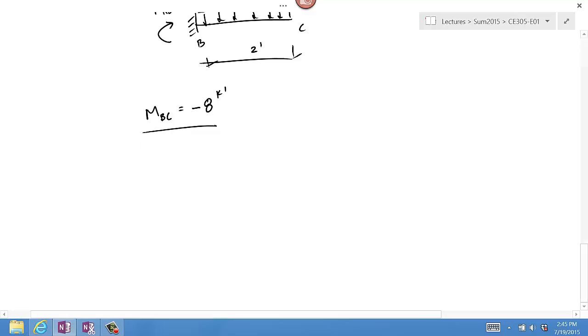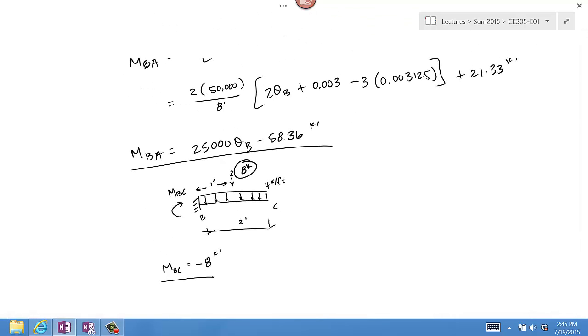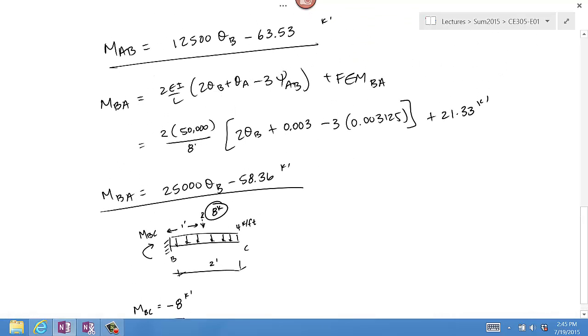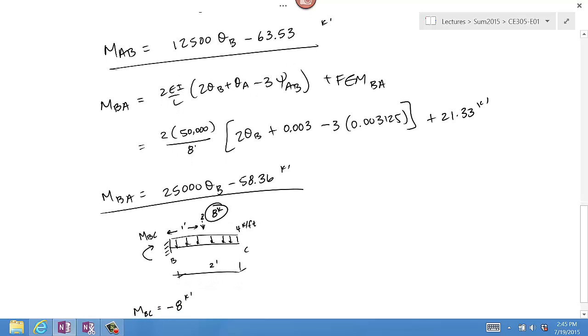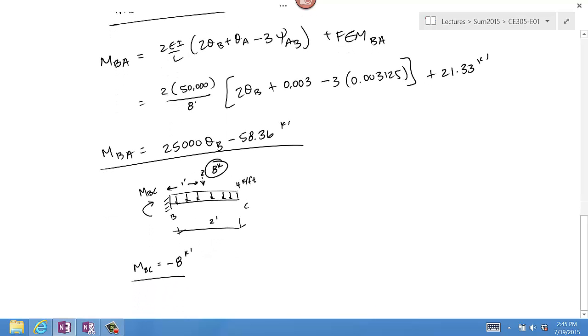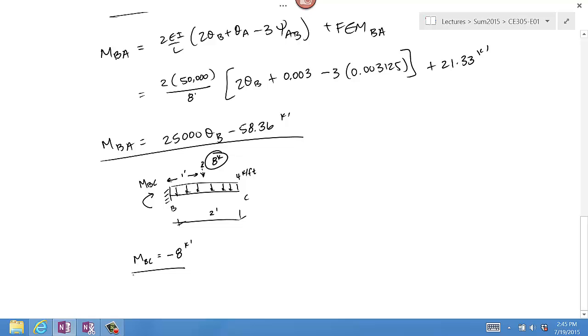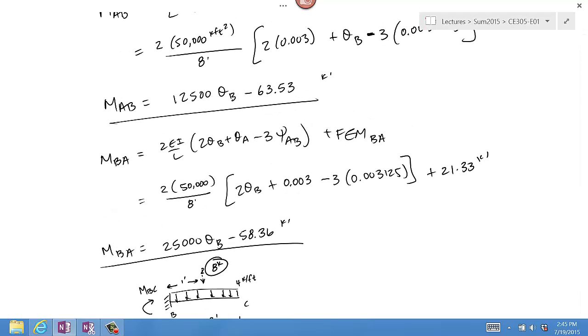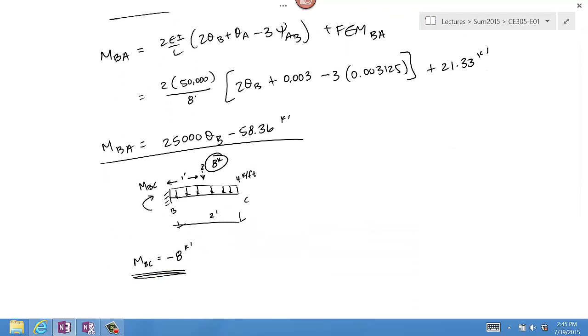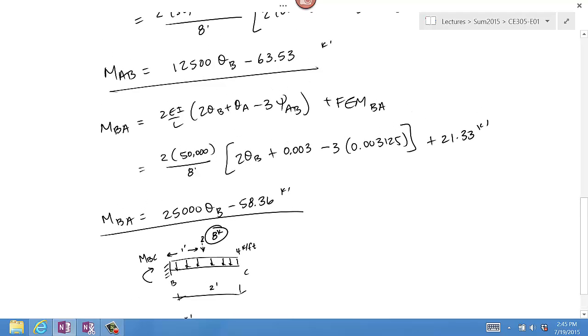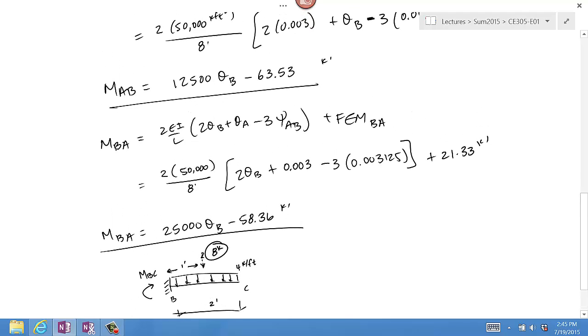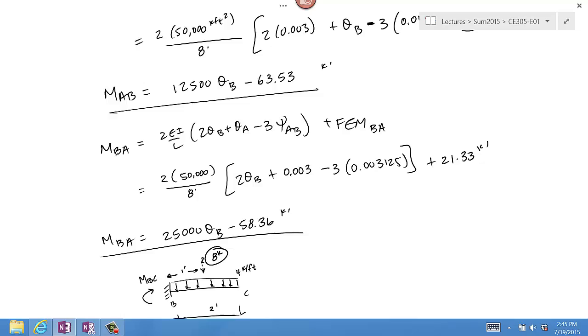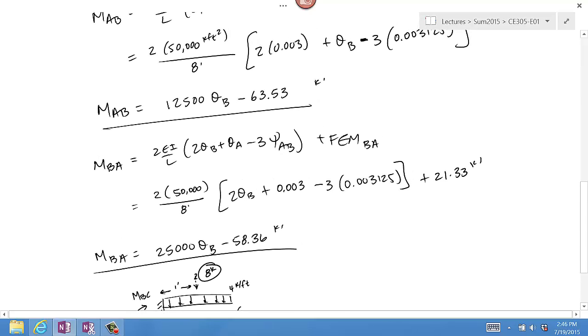The next thing we need to do, once we've identified all of our moments, is this: we have 2 functions, and then we have a given value here for MBC that we can calculate. And we have MAB, MBA, and MBC. The next thing that we need to do is look at joint equilibrium.